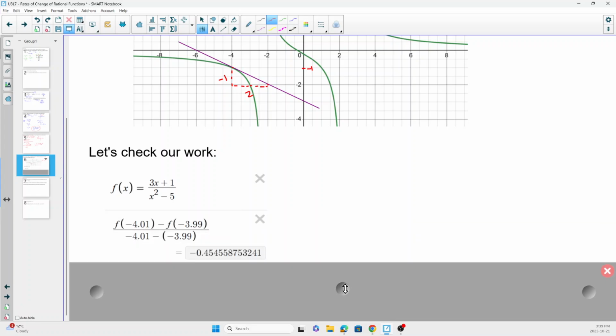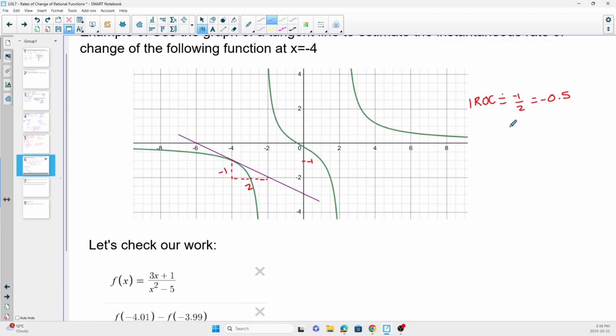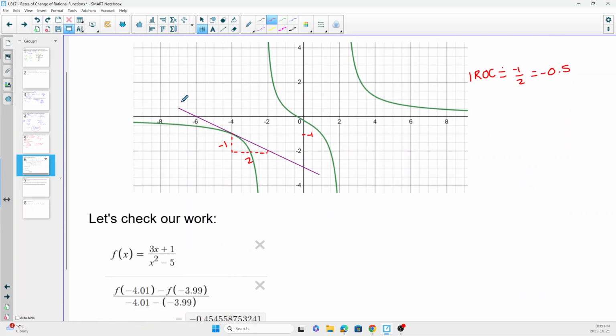And when I use my interval, a little bit past -4 and a little bit before -4, and then the difference, I get -0.45. So -0.45 versus -0.5. It's pretty close, but it's not exact. But at least I for sure know that it is a negative rate of change.